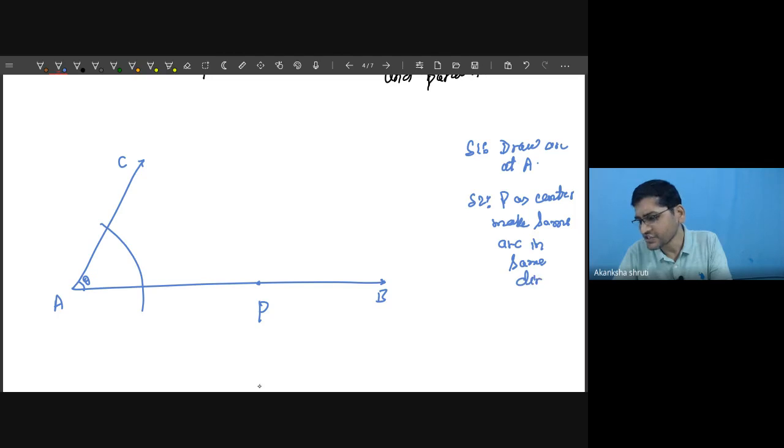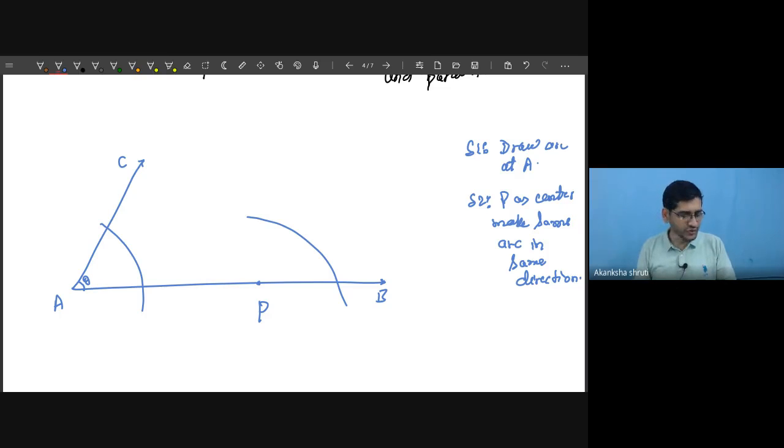Because if the direction is changed, then it becomes an isosceles triangle. Means without changing this radius, we draw the arc with center P. So let me draw like this. This is the arc which is drawn with center P.